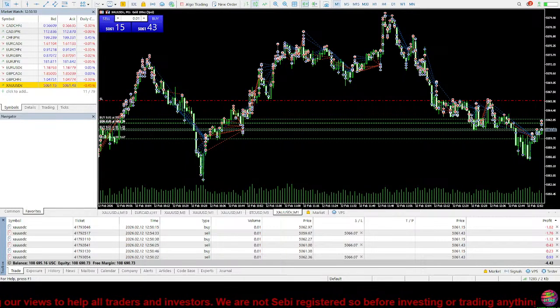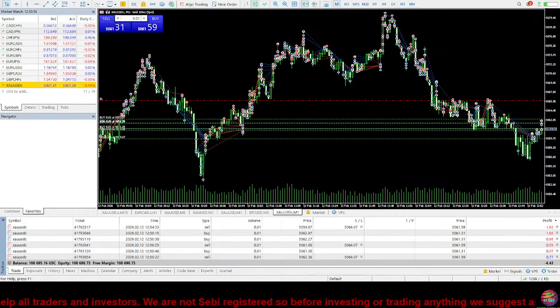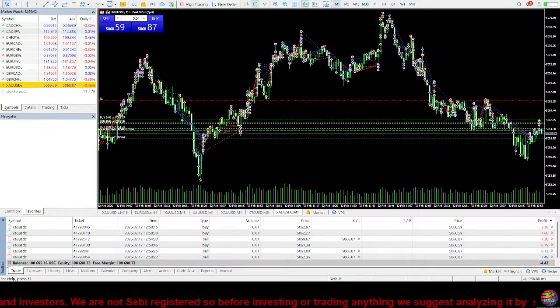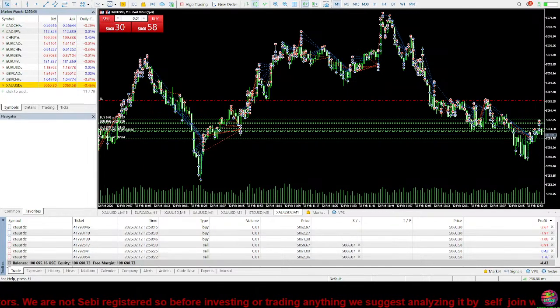That is because in the EUR/USD pair, the euro is the base of the currency pair, and the USD is the quote. So basically the euro is what drives the price up, and the USD is what drives the price down. If you see the price going up, that means the euro is getting strong. And if you see the price going down, that means the USD is getting strong.